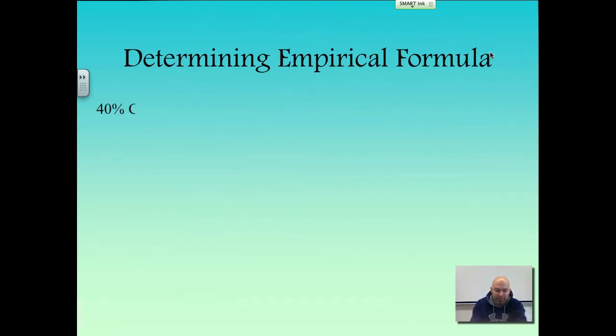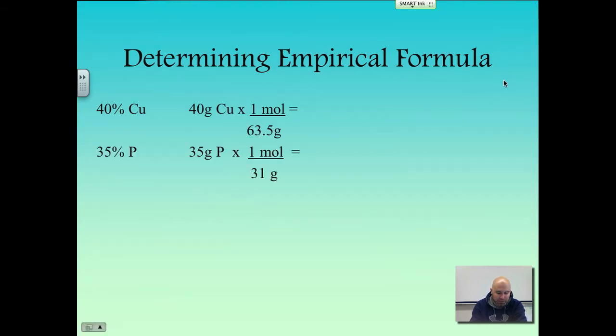Like I said, you're going to be given the percentages. Okay, and I don't really like the way that this has come out, with the way that I've set it up on my screen. But basically, if you're given the percentages of each, in this case, copper, phosphorus, and chlorine, 40% copper, 35% phosphorus, and 25% chlorine.